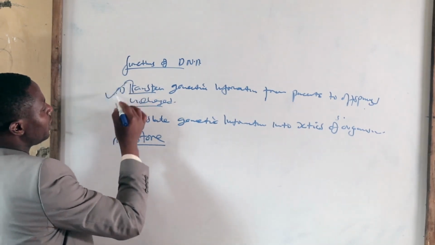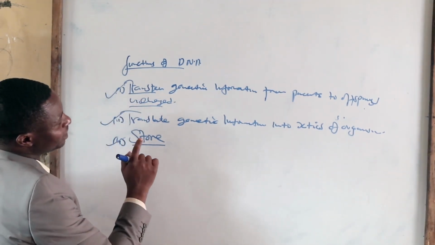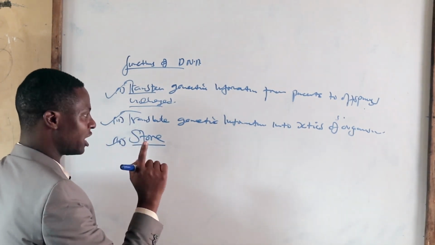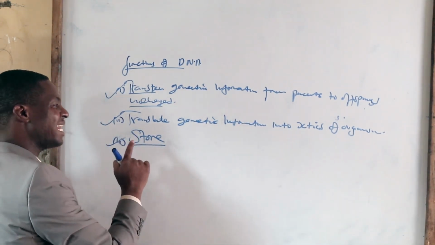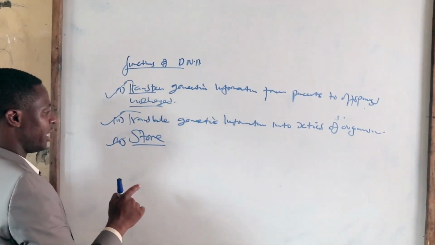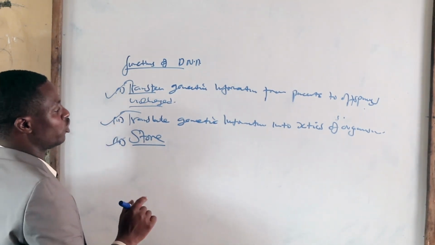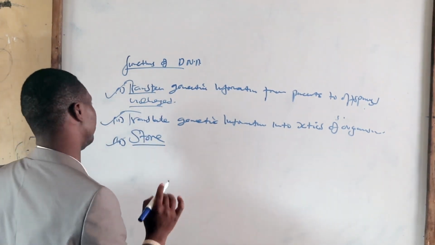So we have these three main functions of the DNA. Transfer genetic information from parent to offspring unchanged, translate genetic information into characteristics of the organism, and store genetic information in coded form.